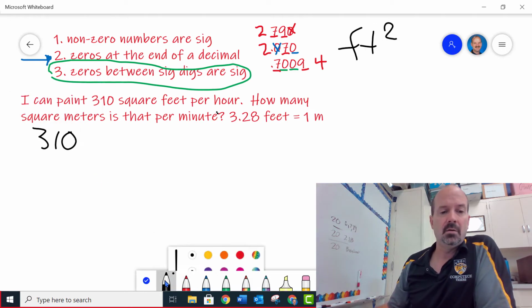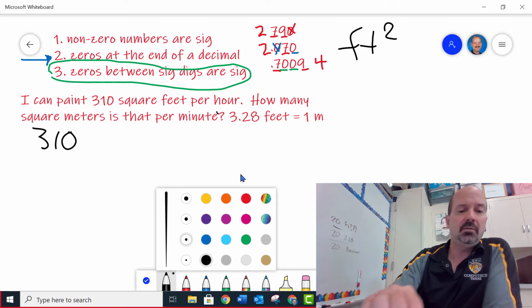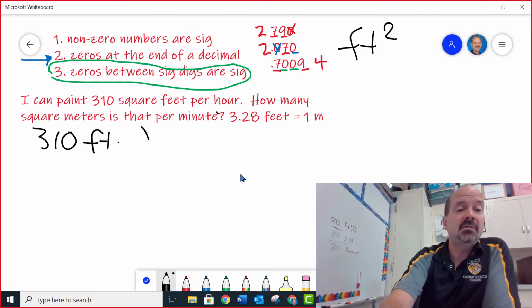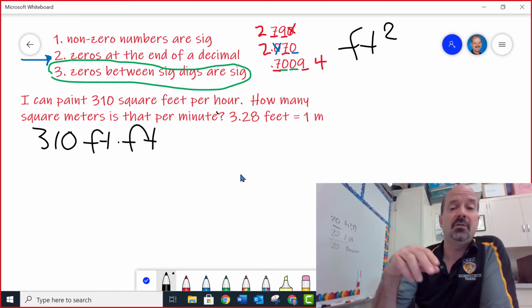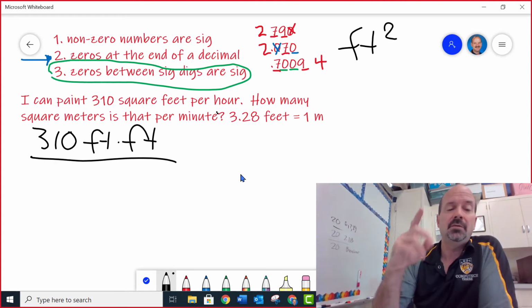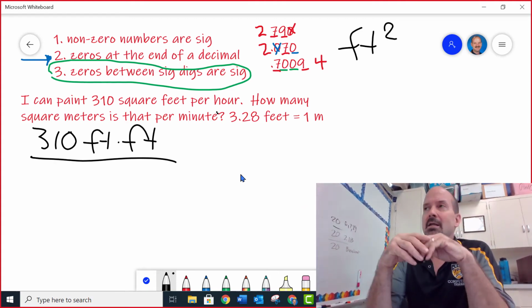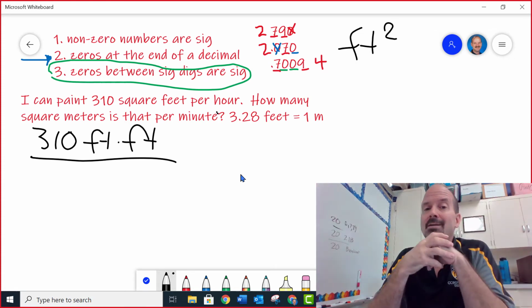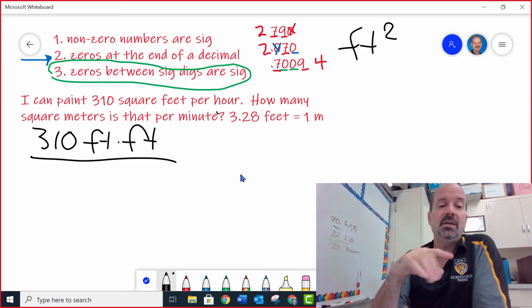So we have 310. Let's go with feet squared. I'm just going to go with feet times feet, because I don't have a conversion factor for feet squared. So feet times feet, if you don't get that, it's like x times x is x squared. 5 times 5 is 5 squared. 10 times 10 is 10 squared, which is 100. The point is, feet times feet is feet squared.